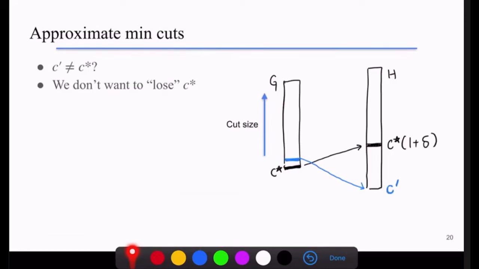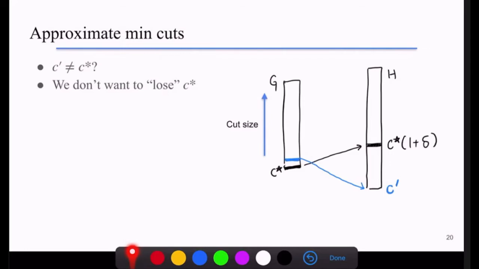Okay, so when will the partition C star not be the min cut of H, right? The case that we just saw was when some non-min cut shrunk. The size of some non-min cut shrunk in H, and that means that this non-min cut is just going to pose as a doppelganger min cut, and that causes us to lose our min cut C star. So that's one bad case.